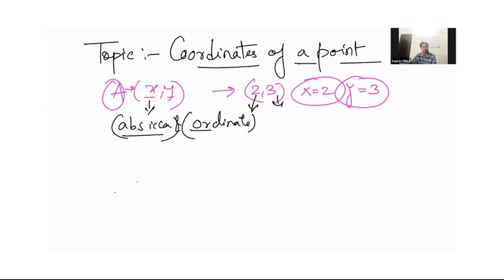So abscissa means your x value and ordinate means your y value. Clear? So always in the coordinate system we write the first value as x and the second value as y.